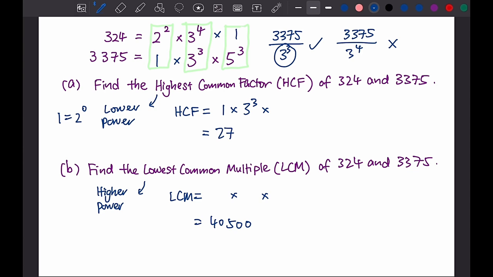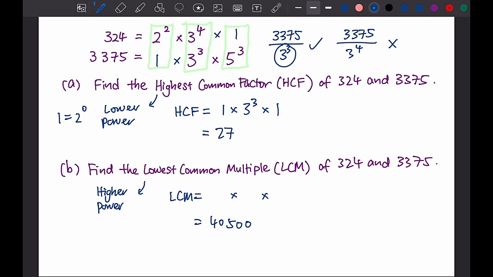And then, between 5 to the power of 3 and 1, I'm going to choose 1. Alright, so if the question says leave your answer as a product of its prime factors or in index notation form, then we would just leave the answer as 3 to the power of 3. However, if the question does not say anything, you're supposed to evaluate it, then 3 to the power of 3 is actually just 27.